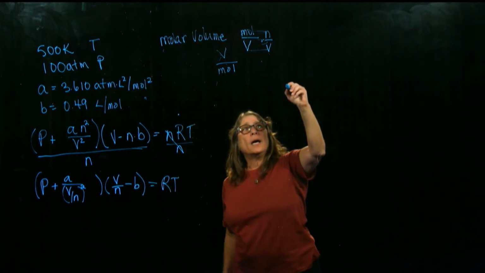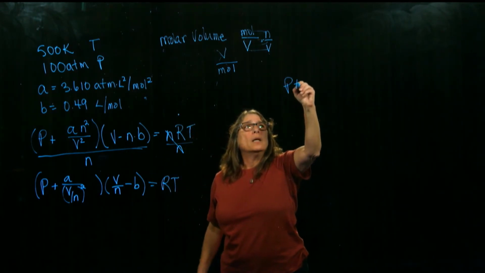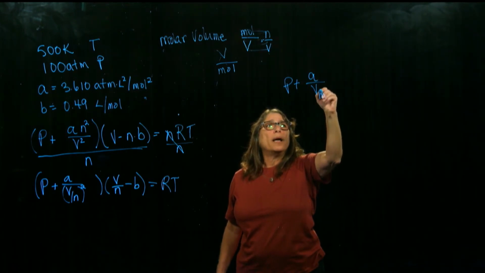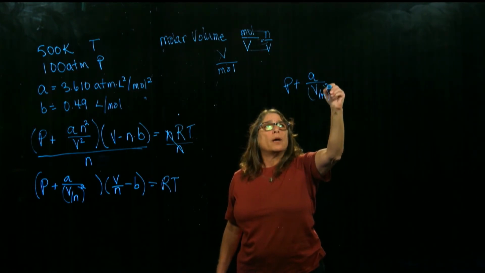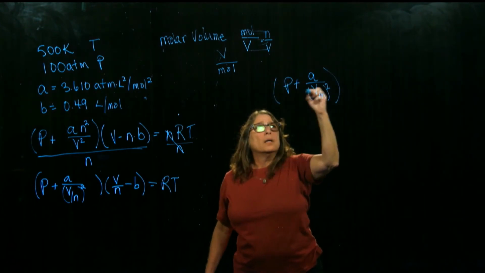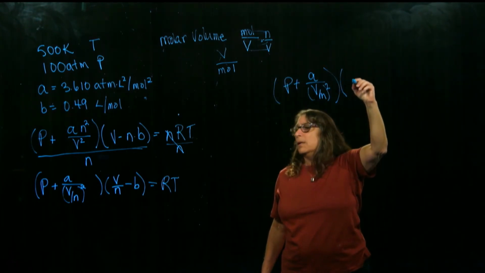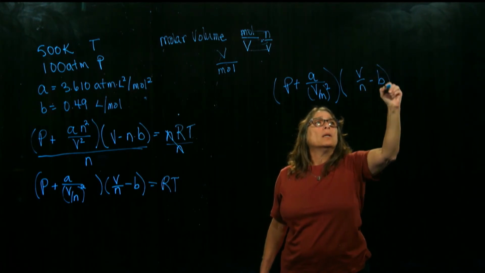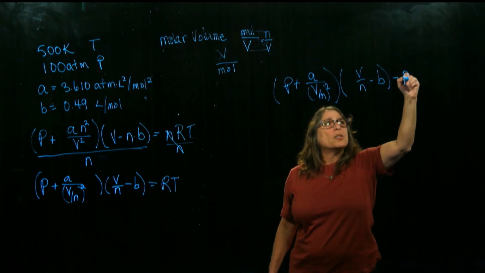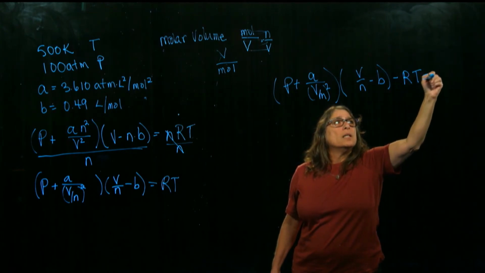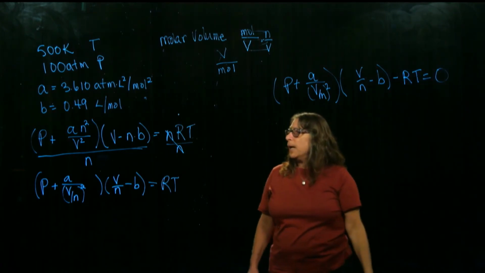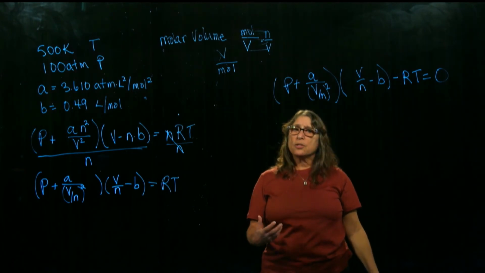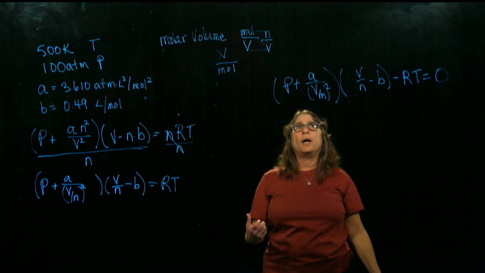And what I'm going to get is P plus A divided by V divided by N squared times V divided by N minus B minus RT is equal to 0. And I want it to be equal to 0 because it's easier to solve in Excel that way.